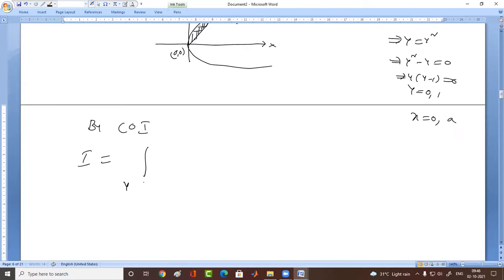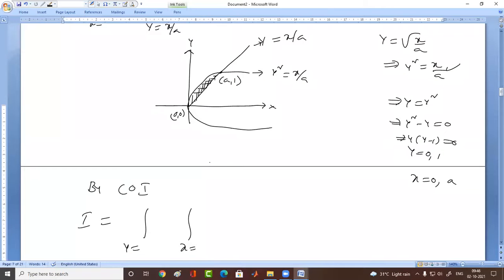First y here. What about the x limits along the x-axis? I will write in another color. Along the x-axis, draw a line. Starting curve is a parabola. From this one, x equals a into y square, up to x value ay.